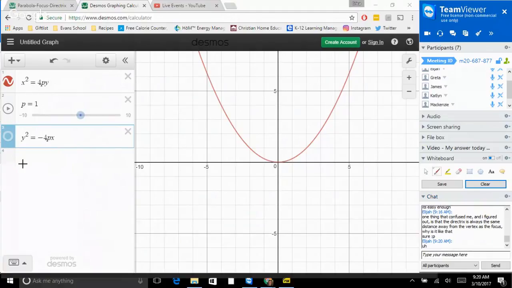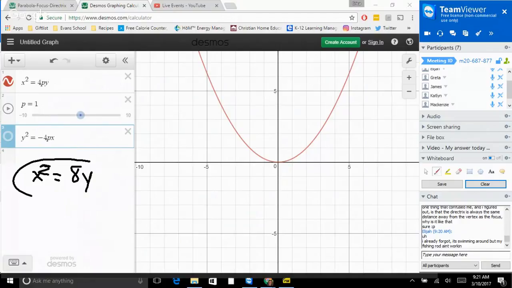So what this means is, if I have an equation like, for example, let me switch to my pen here, x squared equals 8y, okay?